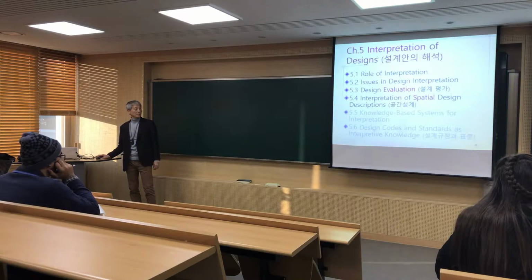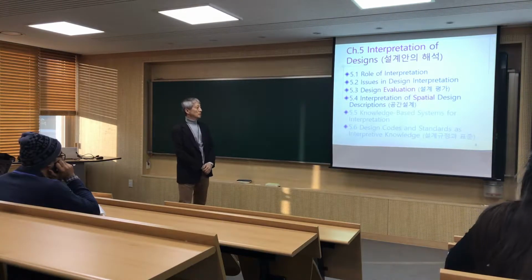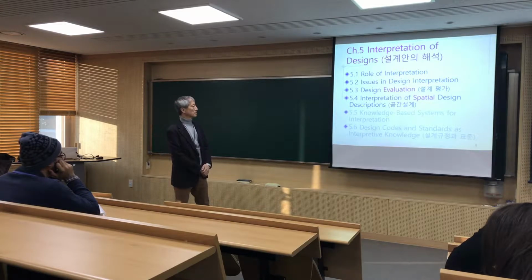So chapter 5 is made of 6 sections, and I will cover up to section 4. The role of interpretation, what is interpretation, what are the issues in interpretation, and what can be the evaluation then.